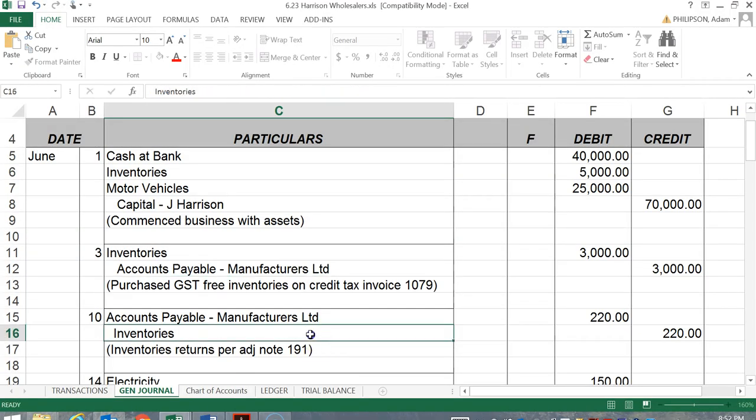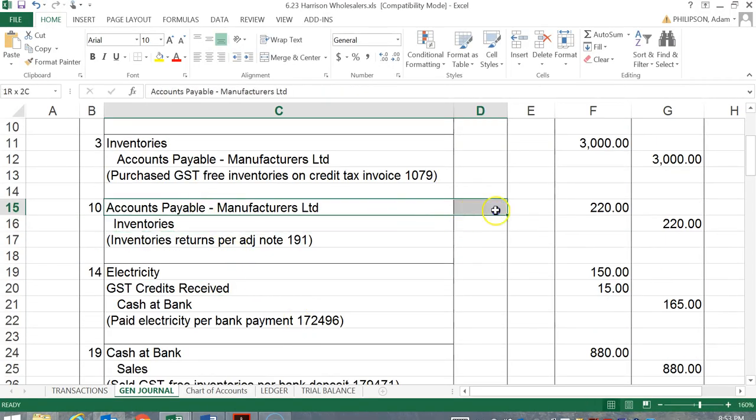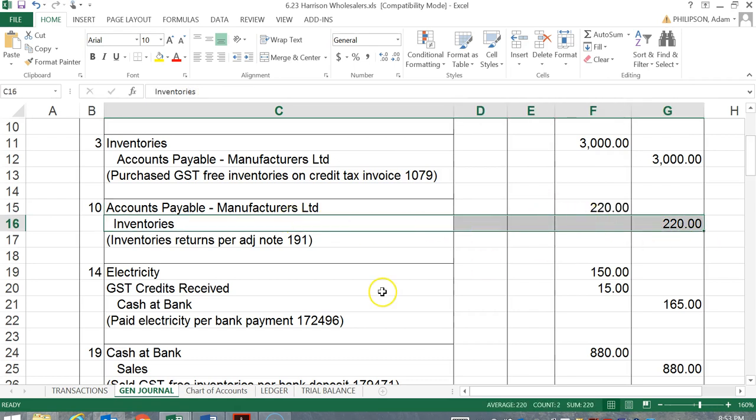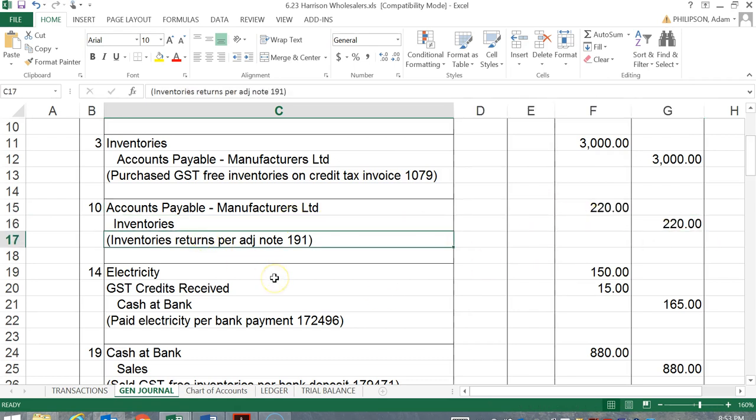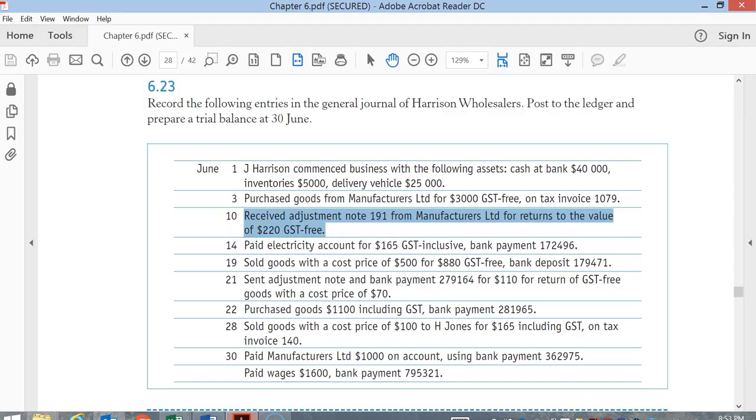So our next journal entry, accounts payable, debit to reduce the amount we owe them, and credit inventories to reduce the amount of inventories as well. Quick little narration there: inventory returns per adjustment note 191. Okie doke. Hopefully that's okay so far.